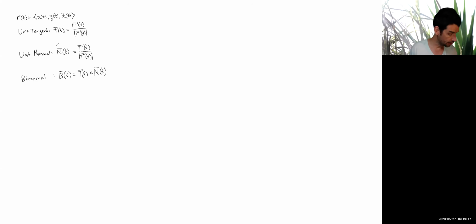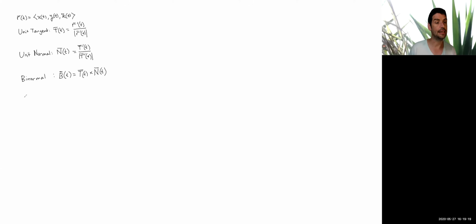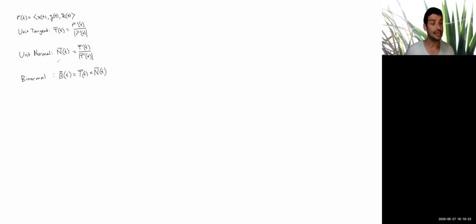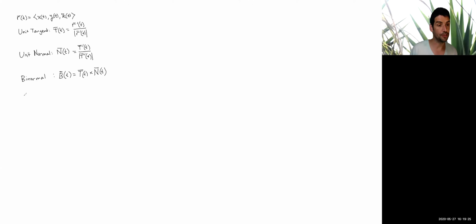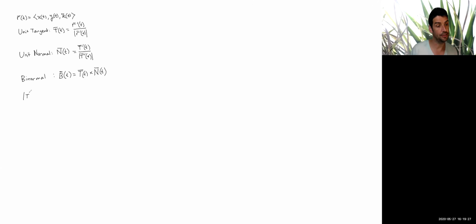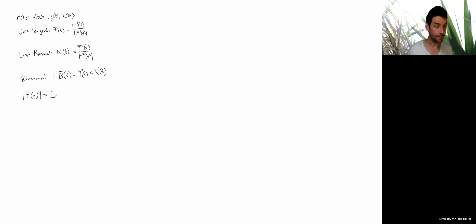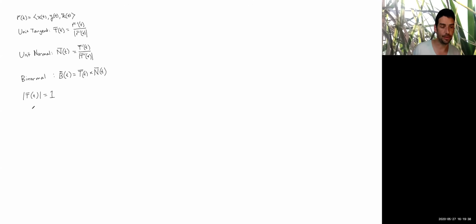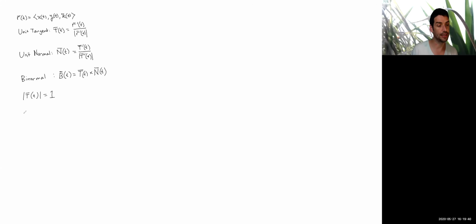Let me show you why N is necessarily orthogonal to T. The reason is because we know the magnitude of T, the unit tangent vector, is of course always 1. This showed up in an earlier video, but we didn't spend a lot of time on it, so I want to recall something.